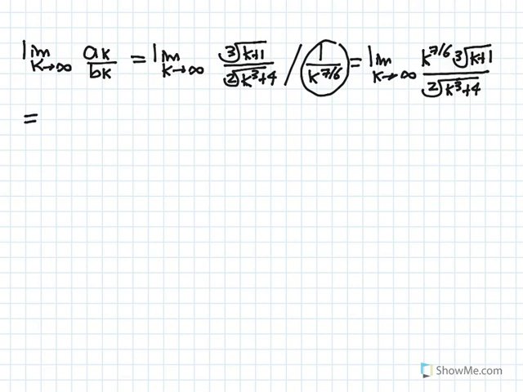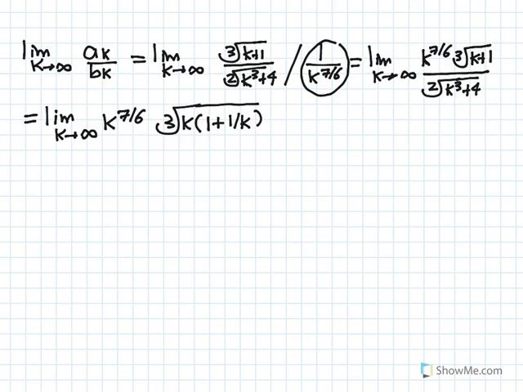This is equal to limit as k approaches infinity of k to the 7/6. Now, we're going to factor out k inside the radical. So we get k times 1 plus 1/k, divided by, and we'll do the same thing to the denominator.